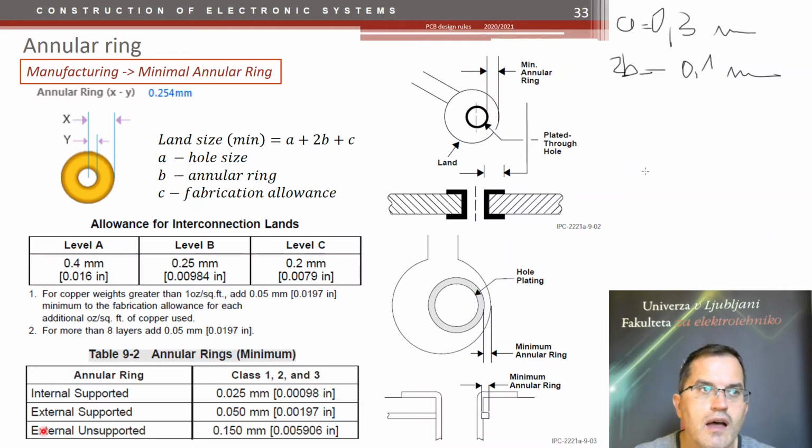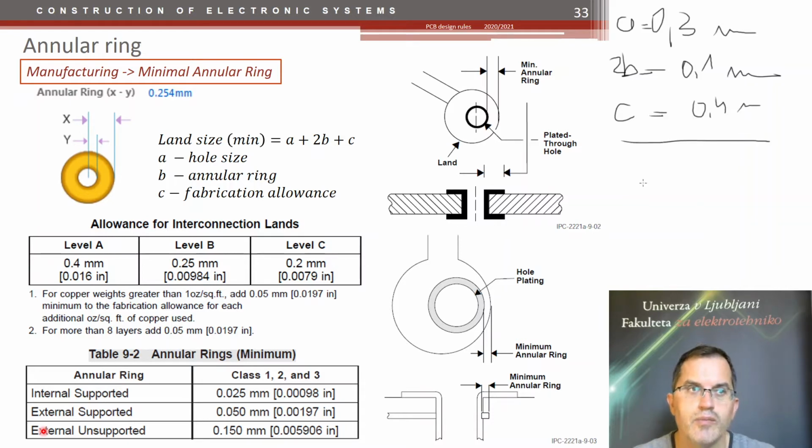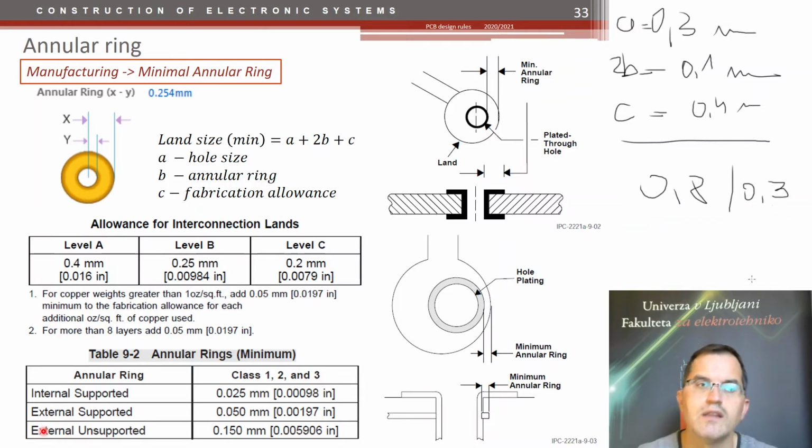And the C, the fabrication allowance, let's go for the worst, so 0.4. That would give you altogether 0.8. So the via 0.8 over 0.3 would be the one which you could make without any problems.